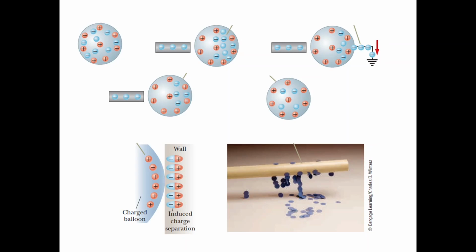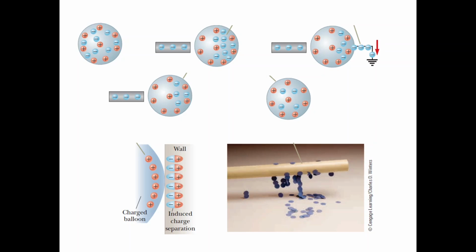Indeed, if we put this negatively charged stick close to a piece of paper, the negative charges in the paper will be repelled. Of course this is just an illustration, but in real life, in a very thin surface layer of this paper, you will have a bit more positive charges than negative, because negative charges will be pushed away from the surface of the paper.